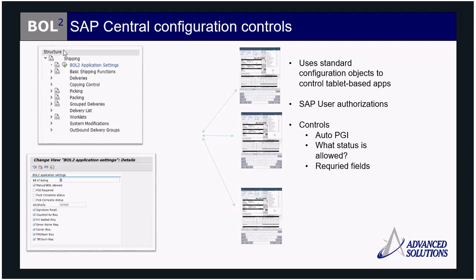We also support field validations. What I mean by that is that some of the checkboxes here on the screen support, for example, things like pick and pack complete. What that means is at the time that the delivery or the shipment is pulled up on the BOL squared application, if the delivery is not completely picked or not completely packed, depending on my settings, I can stop the loading personnel from being able to go any further.